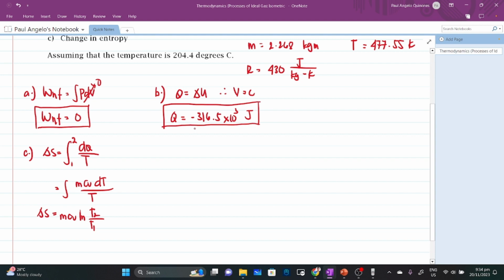However, as you can notice, we only have one value of temperature. So we need to solve for T sub 2.